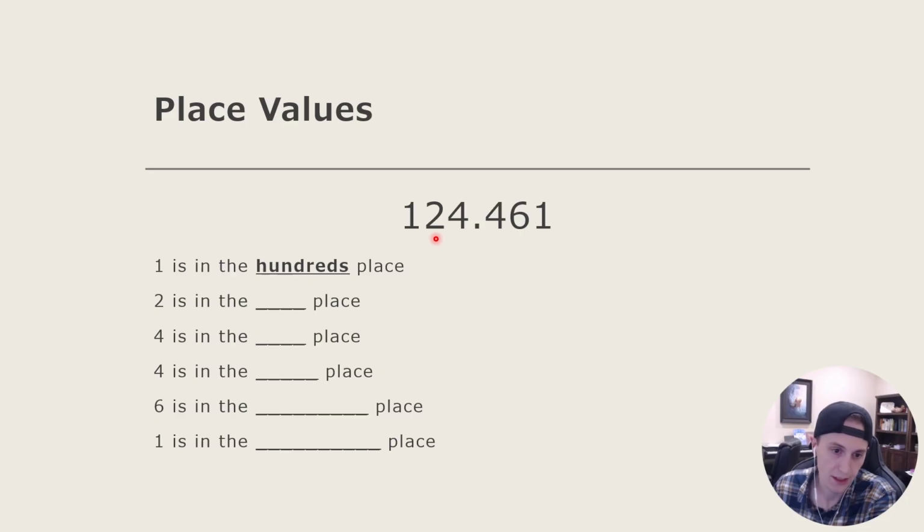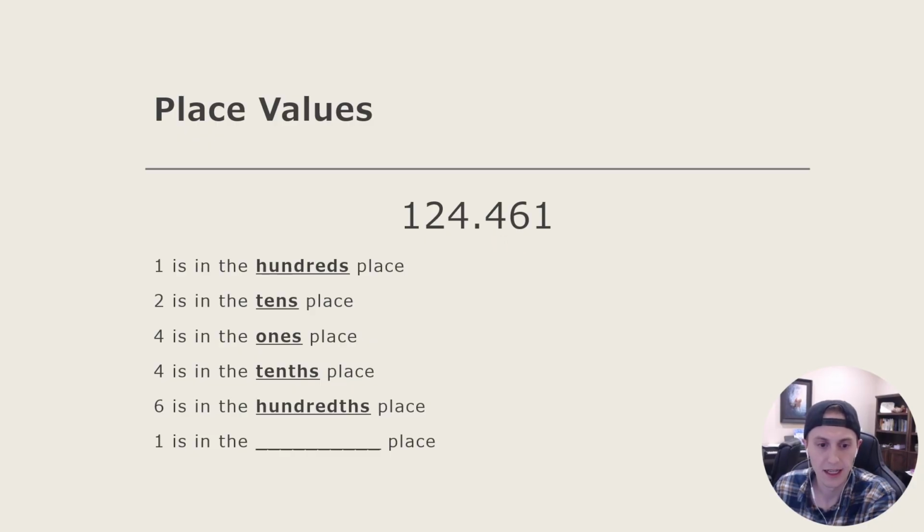The number 2 is in the tens place. Number 4 is in the ones place. This number 4 is in the tenths place. This number 6 is in the hundredths place. And the number 1 is in the thousandths place.